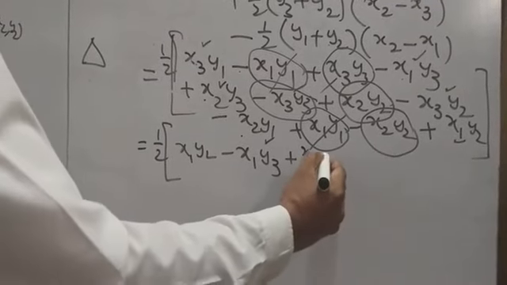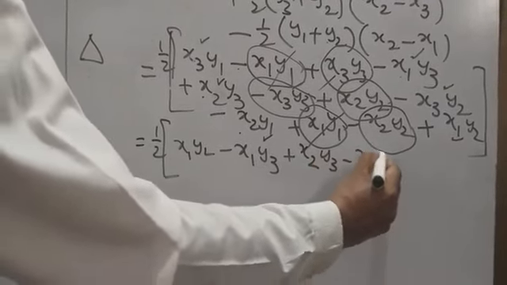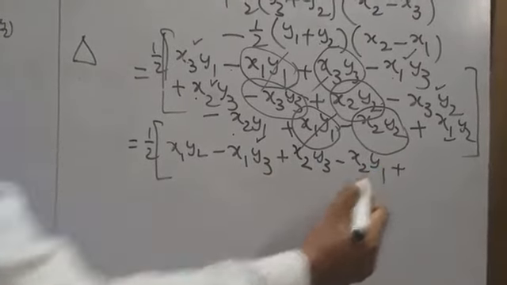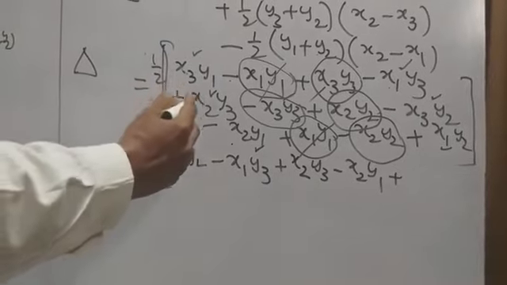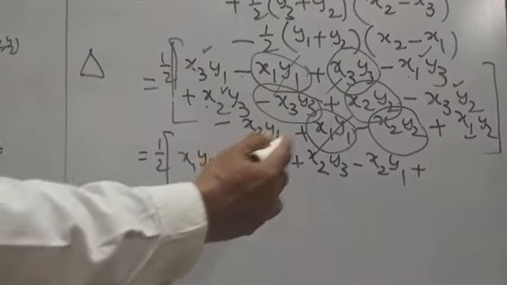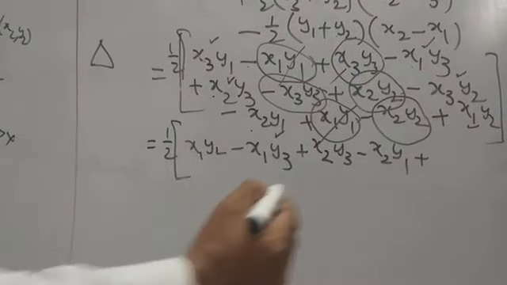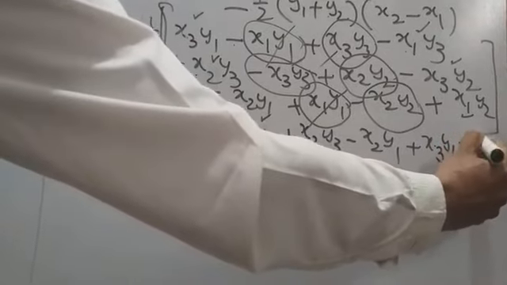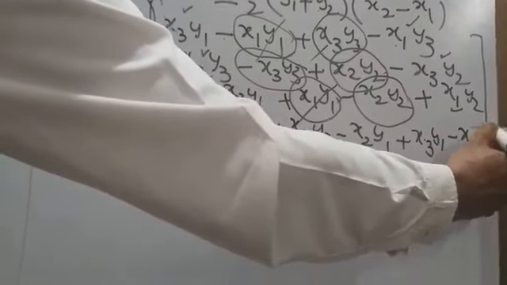So x2 y3 minus x2 y1. Similarly, here it is x3 y1 is there plus, and here it is minus x3 y2 is there. So plus x3 y1 minus x3 y2.